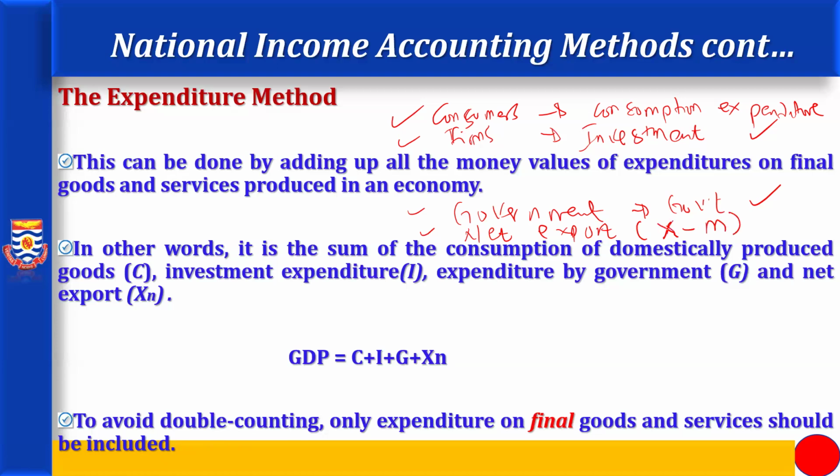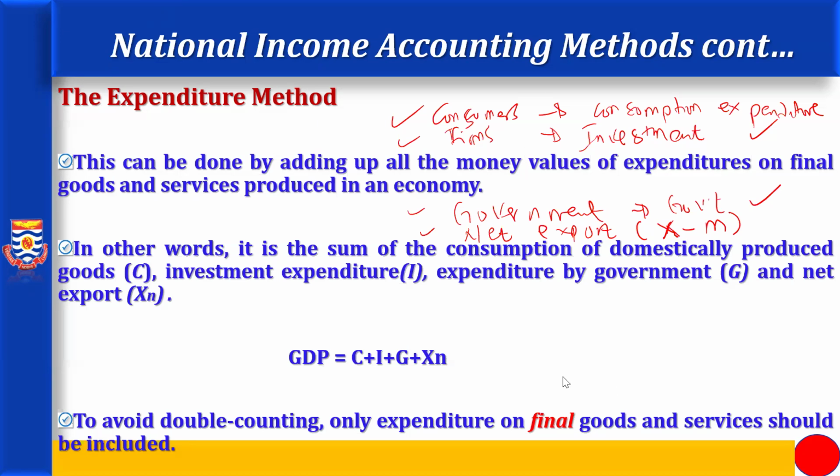In macroeconomics, we signify export by X, and import by M. So in Ghana, in macroeconomics, export we signify by X, and import by M. Okay.